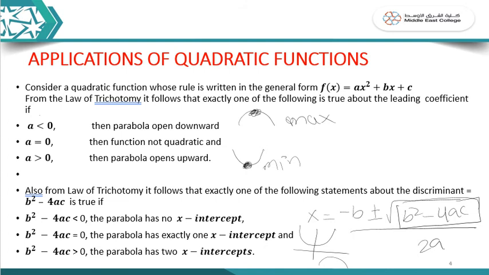But if the discriminant is equal to 0, we will have only one exact root, which is the solution, and it will cut the x-axis in only one point. Now the last one, if the discriminant is greater than 0, it is positive, so it will cut 2 points in the x-axis.